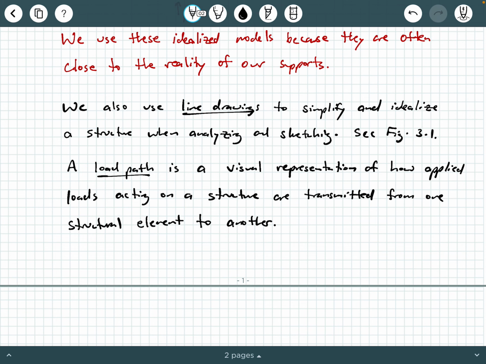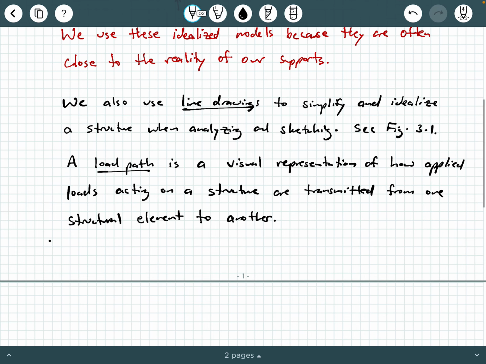Okay, and again, in the textbook, we can take a look at figures 3.2 and 3.3 to get an idea of how loads are transmitted through a load path.